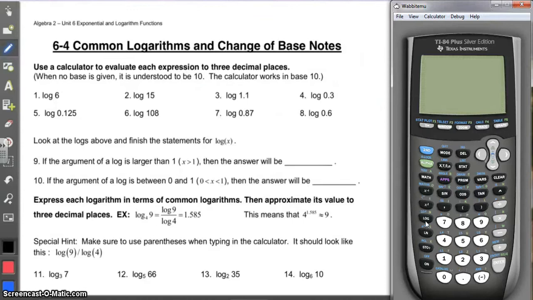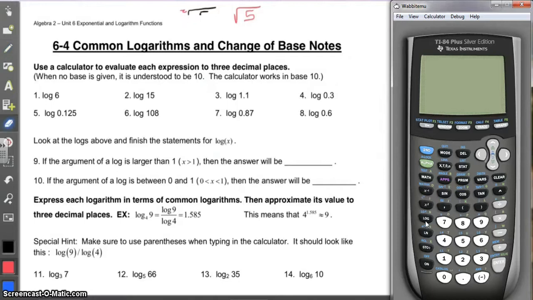So what does that mean? Remember when you had square root, for example, of 5? We said that if there's no number on the outside, then the number is 2, and you don't have to write it. So square root of 5 can be written without the 2, the index on the outside. It's the same thing with the log.